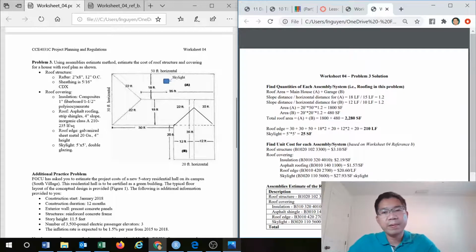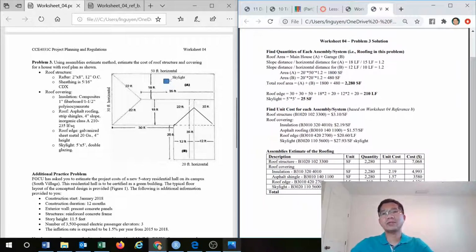For area A, just find the horizontal area of these rectangles. Horizontal 30 times 50, not 20, this should be 30 here, and that will be 1,500, and then 1,500 times 1.2 gives us 1,800 square feet.